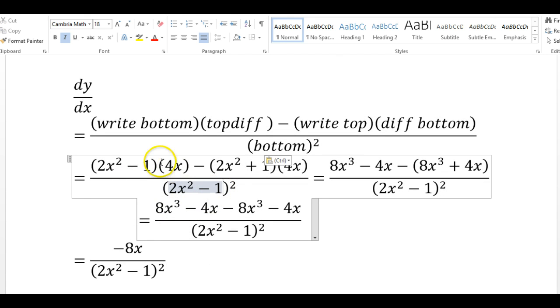So now it's a matter of distributing this out. 2x squared times 4x will be what? 2 times 4 is 8, x squared times x is x cubed.